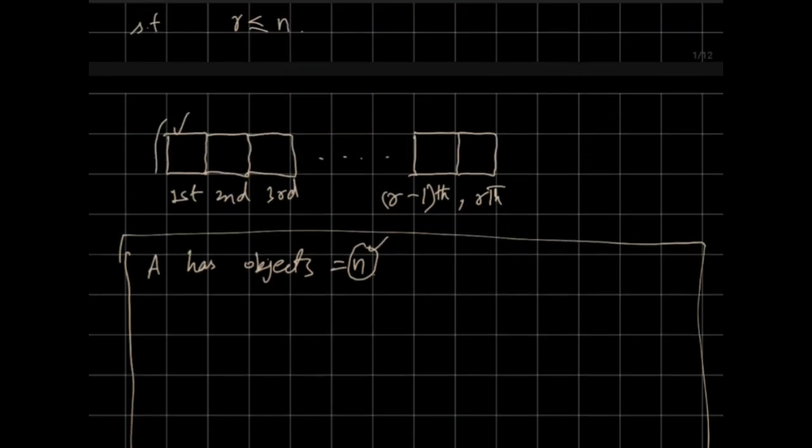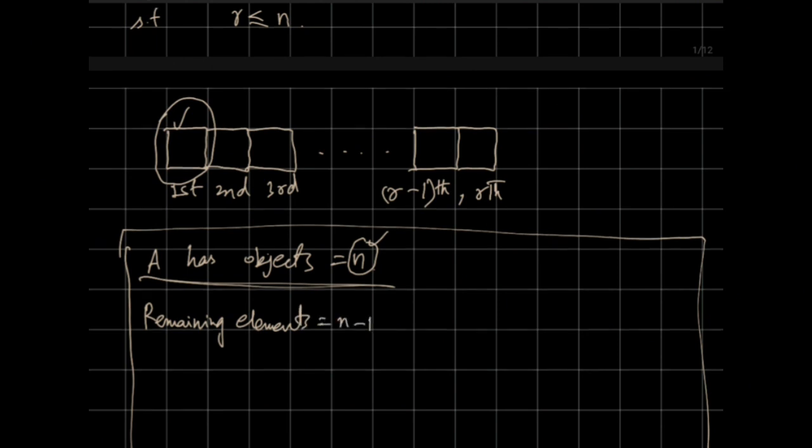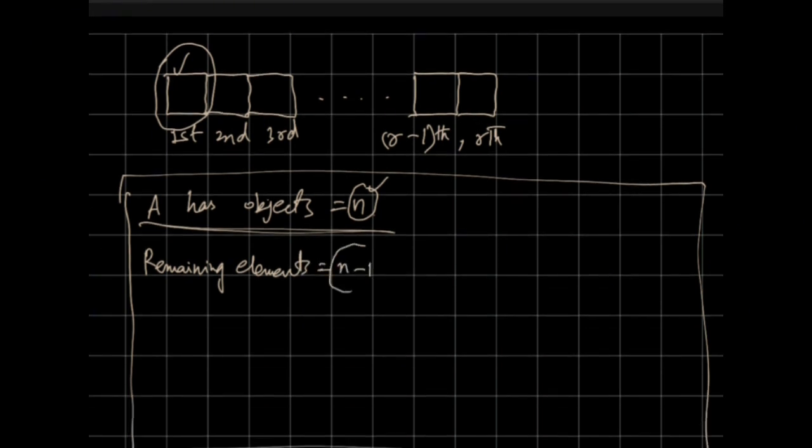So once we have filled this first position, then one element is consumed out of n elements. How many elements are remaining? Definitely n minus 1. Remaining elements are n minus 1.